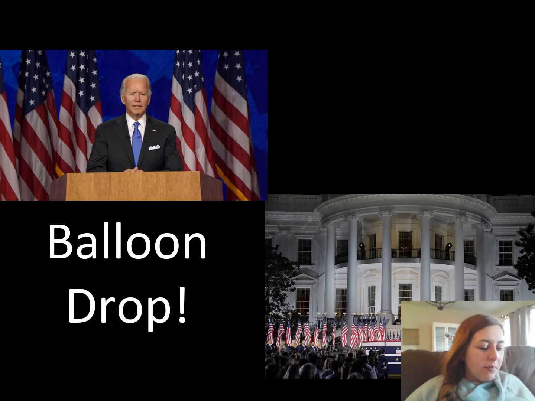Lots of clapping and balloons and confetti. Now 2020 is different because the Democratic convention didn't have spectators. But normally you would have delegates and then party members attend the convention, right? Those are like party insiders.